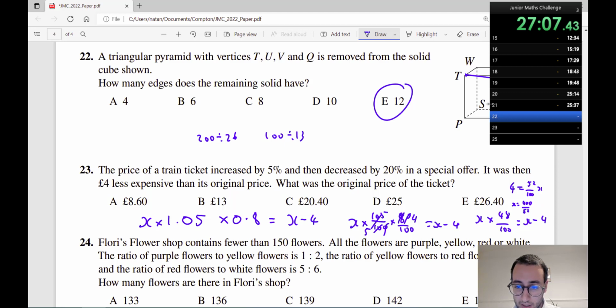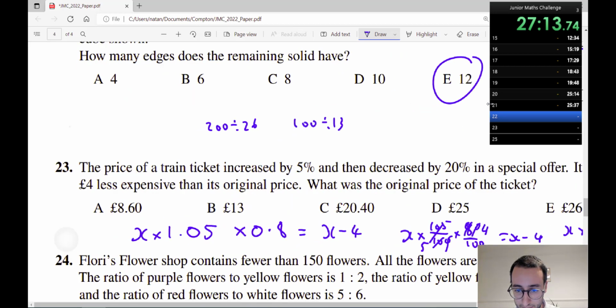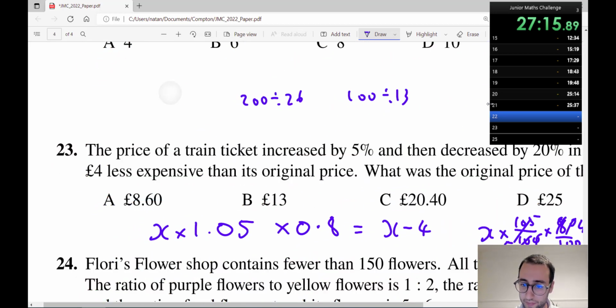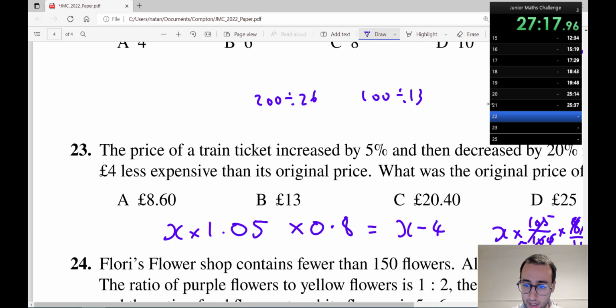Increase by 5%, decrease by 20%, was then... okay, let's slow down. And then it was £4 less than the original. What was the original? So this, 105 times 8 is 0 and 4. 8 times 0 is 0, 4, 840.